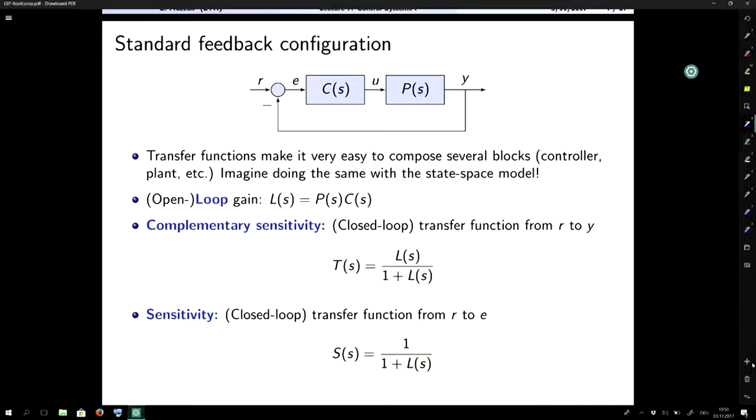That's why it's called the complementary sensitivity. It's the complement to 1 of the sensitivity function. Don't ask me why people came up with these things. It was 56 years ago, and I don't know what they had in mind, but this is the standard nomenclature.